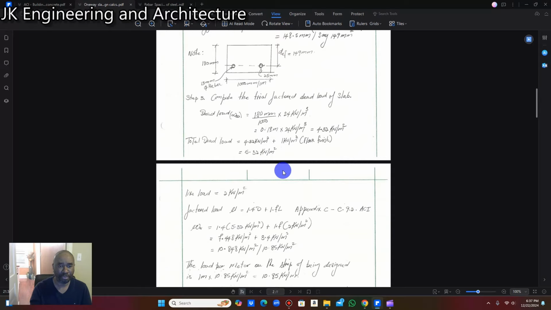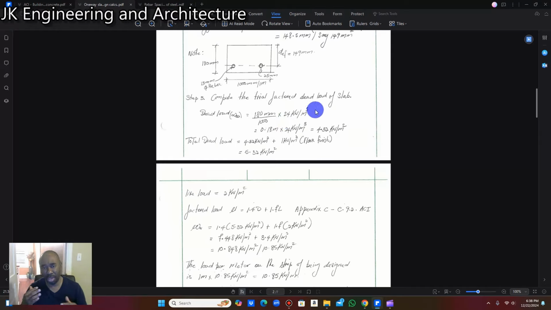All right, so step 3, we're going to compute the factored load. We're going to work out the dead load of the slab, right? So the dead load of the slab is going to be 180 millimeter divided by 1,000, and the reason we divide this by 1,000 is because we want to bring this 180 millimeters to meters, times 24 kilonewtons per meter cube.